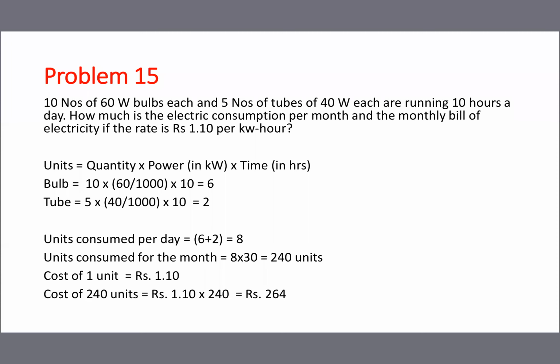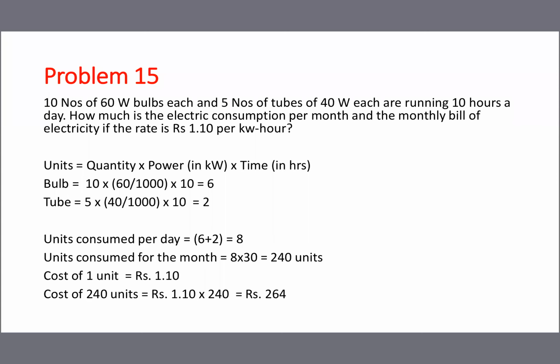The rate is rupees 1.10 per kilowatt hour. The house we are having has an energy meter. The EB people are calculating, taking the reading. If you want to check whether the meter reading is going correctly or the meter is working correctly or not, how to check? After doing the problem, you will get the idea.